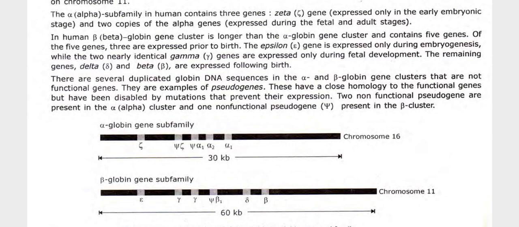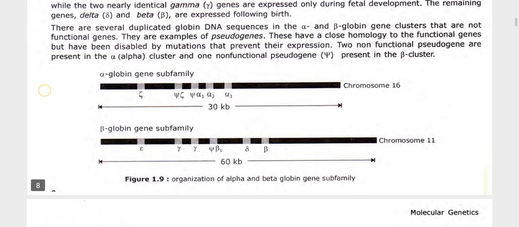Wait a minute, I will explain this once again. Epsilon is on the embryonic time, the 2 kinds of gamma on the fetal development time, then the remaining genes delta and beta are expressed following birth.